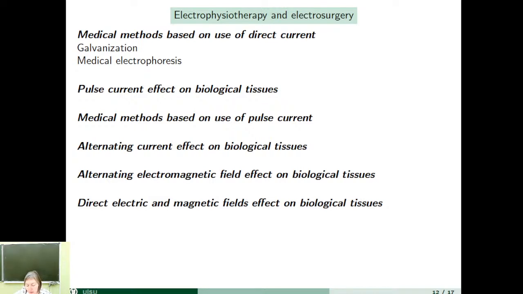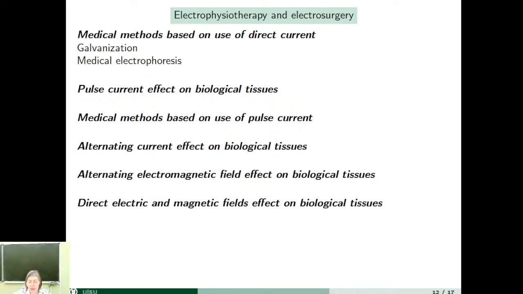Nerve cell excitability domination under the anode causes, in particular, local analgesia effects. Galvanization can be used in treatment of some nervous diseases, bronchial asthma, and so on.